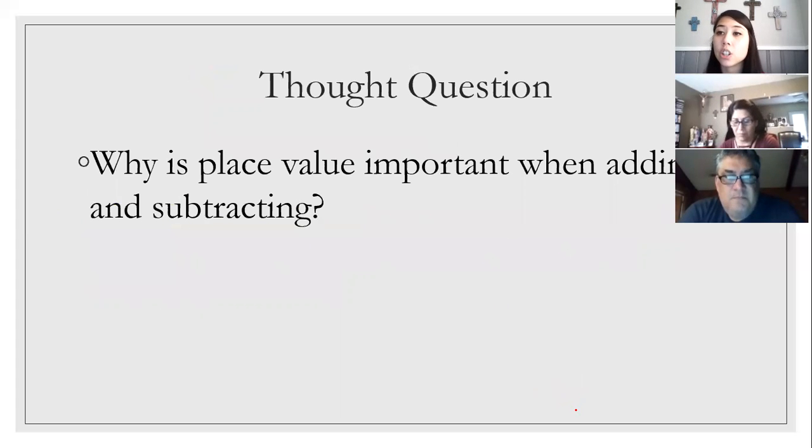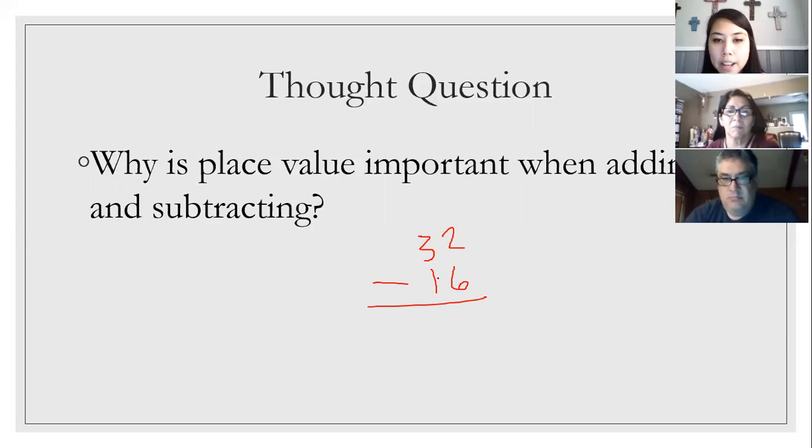With subtraction, it's also important because you are taking a 10 and you're putting it in the next place value. So I can give you a really quick example of that. Let's see. We can do 32 minus 16. So 2 minus 6, you can't do that. So what do you have to do? You have to regroup. So that makes this 3 in the tens place a 2.